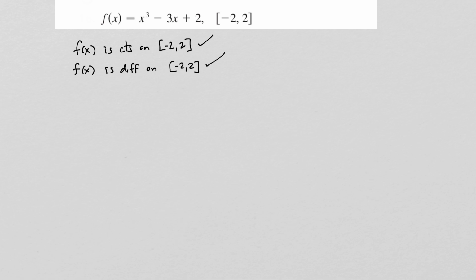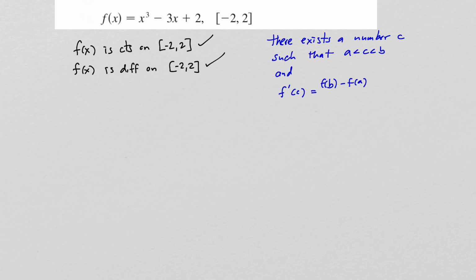So the mean value theorem says there exists a number c such that c is first of all between a and b, and f prime of c is equal to f of b minus f of a divided by b minus a.